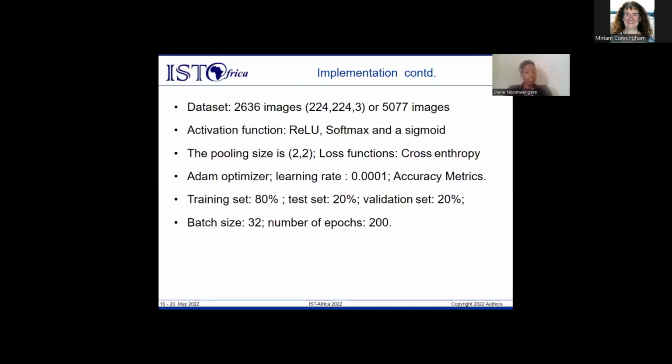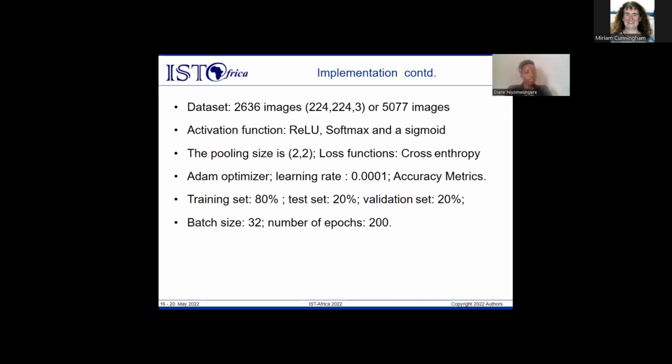The original dataset we used in this experimentation consists of 2,636 images with a shape of 224 by 224 with 3 channels, RGB colors, which became 5,077 images after data augmentation.